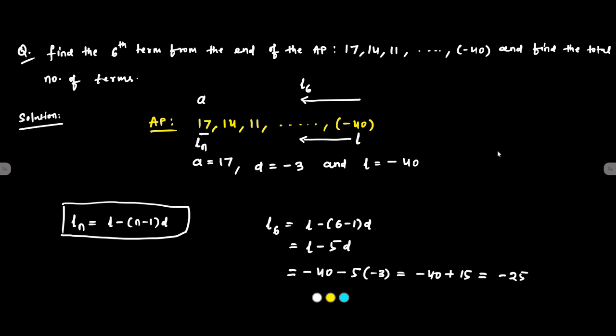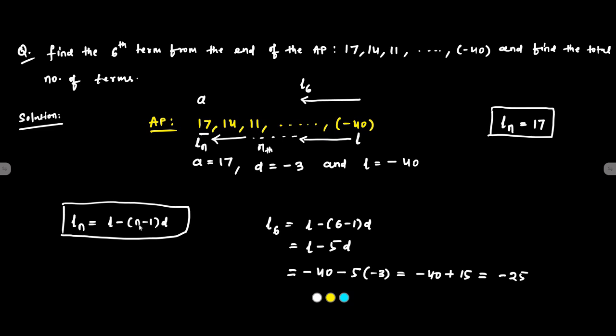So here we'll substitute Ln is equal to 17, which is the nth term from the last. And if we determine this value of n, we will determine the total number of terms.